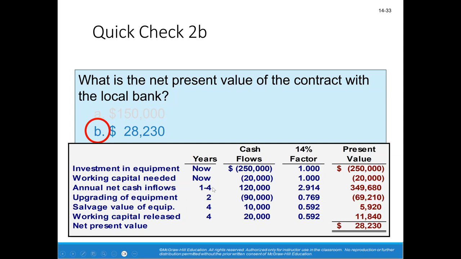So this would be an annuity of 11% over 4 years, and that factor would be 2.914. In 2 years, we would have to upgrade the equipment, which is worth 69,000 in today's dollars. And then we have the salvage value, the working capital, and that would be worth about 16, 17 plus in today's dollars. So at 14% return, basically what this says is you get a higher return than 14%.